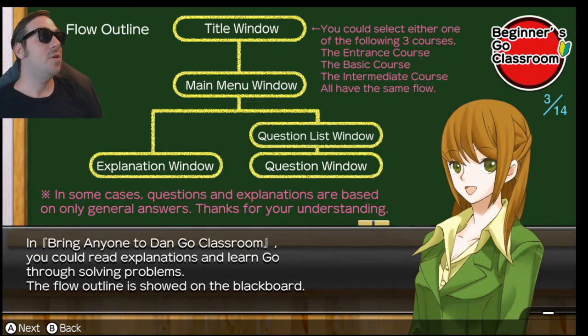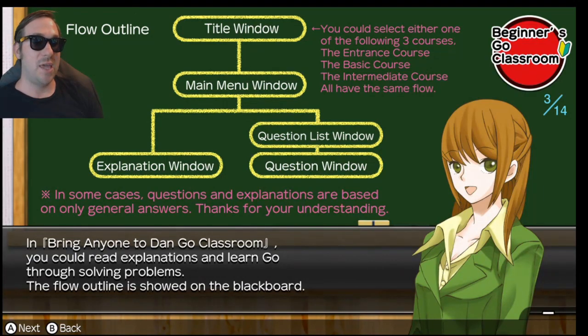Title window. Select either of the following courses: the entrance form, the basic course, or the intermediate course. All have the same flow: main menu window, question list window, question window, explanation window. So it's talking about presenting the game in a series of problems to be followed, like a question posed and then a corresponding answer.